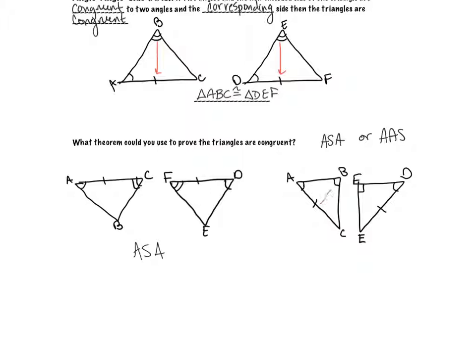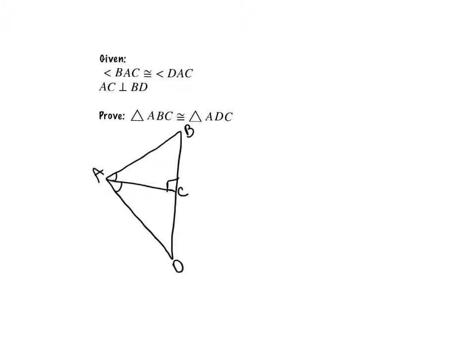If I look here, it's across from the right angle. If I look here, it's across from the right angle. So that's good, and I can say angle, angle, side. Now this is one where they kind of give you stuff, so I want to check that things are labeled like they're supposed to be. This says that angle BAC is congruent to angle DAC.